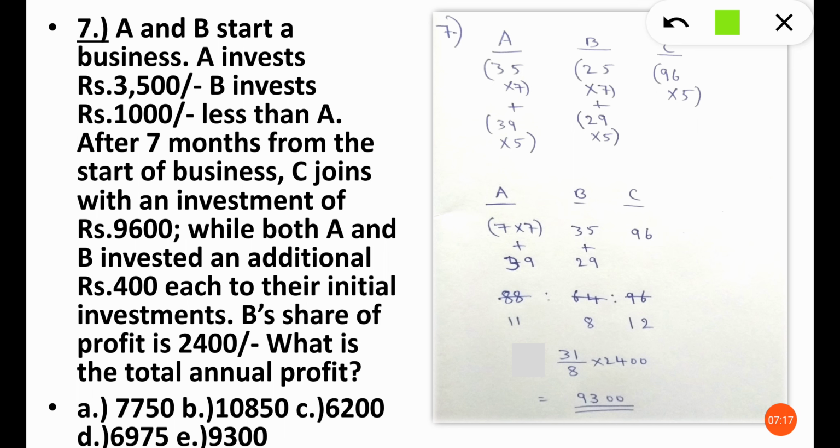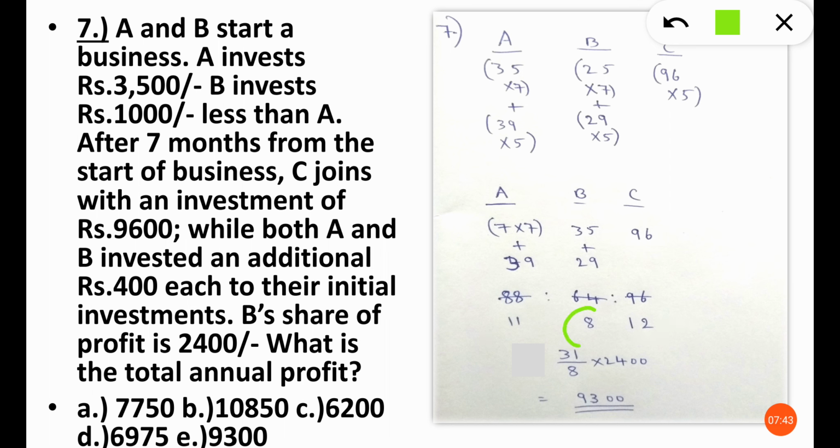After the cancellation, in all these terms 5 is common, so 5 is cancelled. 5 7s are 35. So we get 7 into 35 plus 39, 35 plus 29, 96. After the ratio, we get 11 is to 8 is to 12.